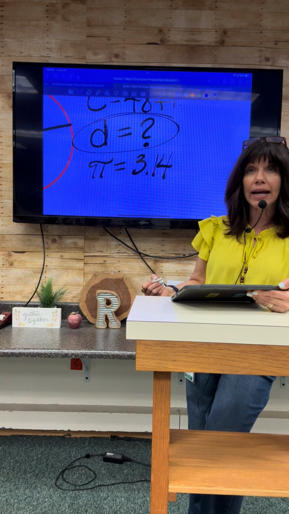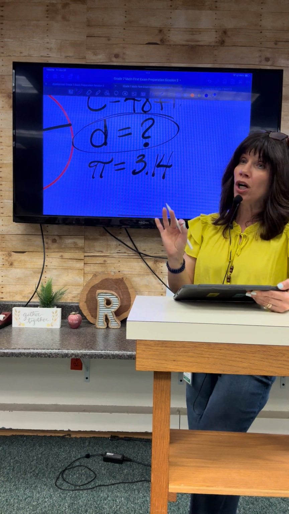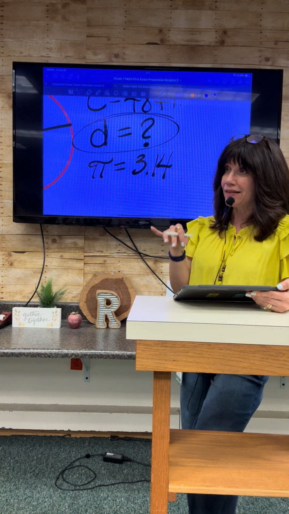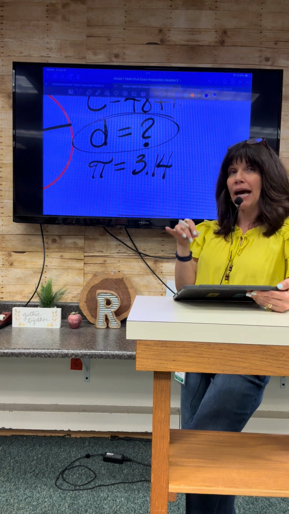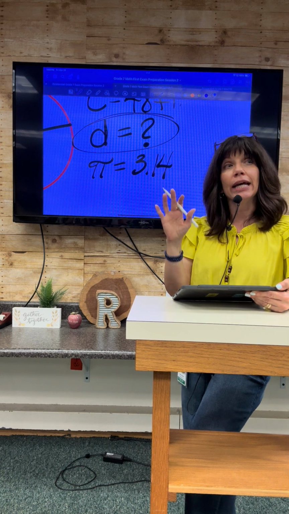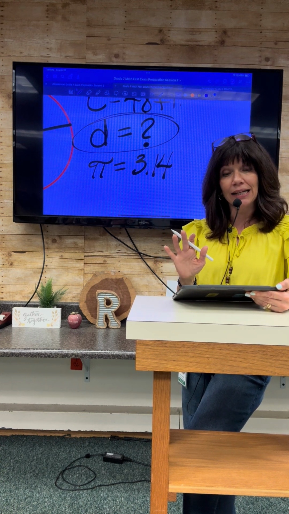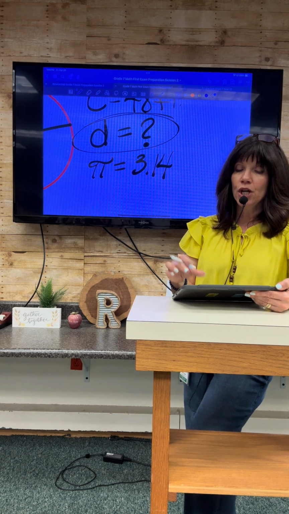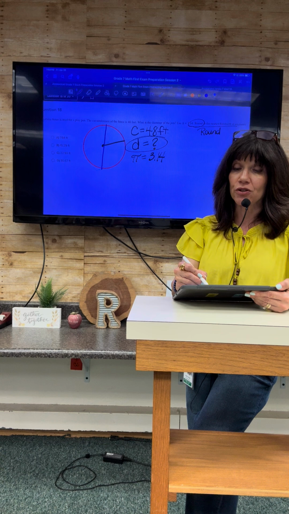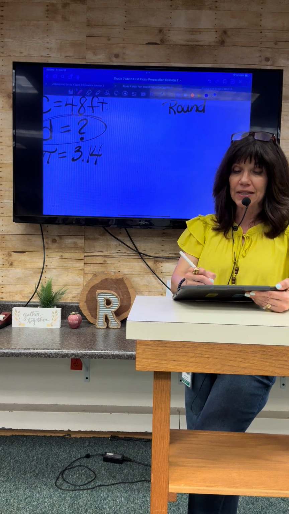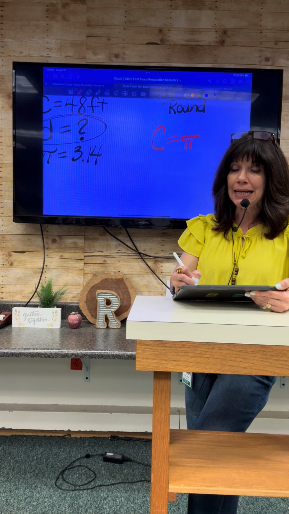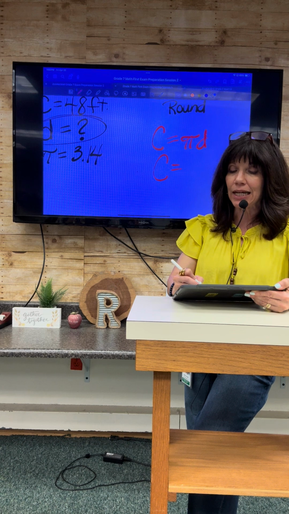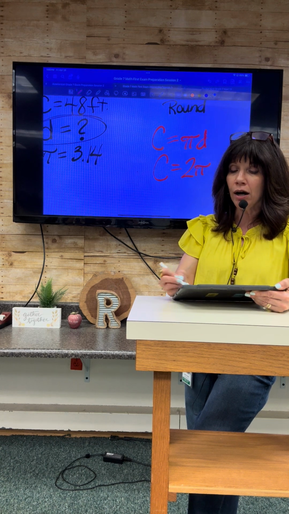The diameter. So on your FAST exam grade 7 mathematics reference sheet, one side will show you formulas to do with circles. One of them says C equals pi d, and the other one says C equals 2 pi r.